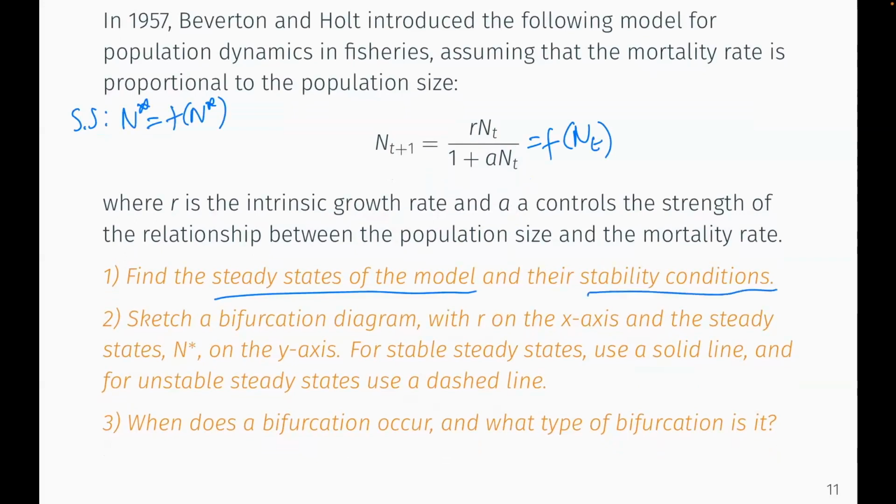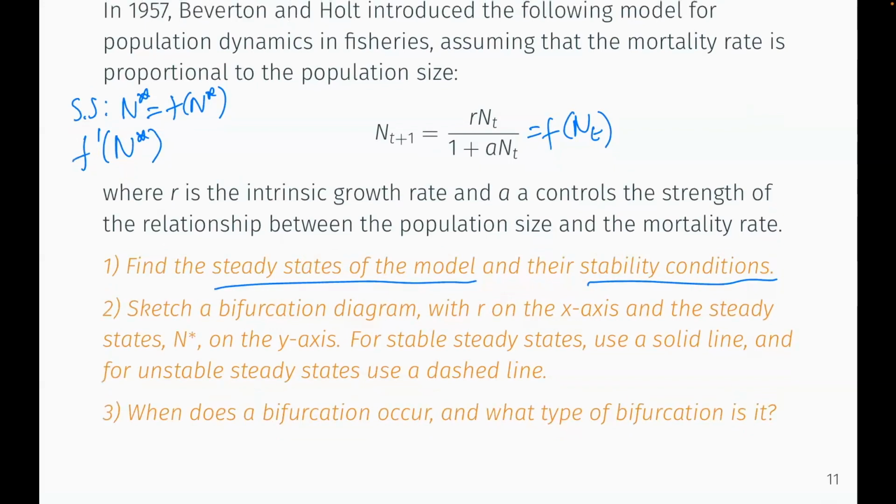And then for stability, remember we want to take f prime and evaluate it at N star, and then look at whether this has magnitude greater than 1 or less than 1, and whether it's positive or negative. And that will tell you whether it's monotonic or oscillatory, stable or unstable. So that's the first part as practice. And then the next thing we're going to do is sketch a bifurcation diagram. So I'll let you guys work through the first part for the next 5 or 10 minutes or so, and then we'll come back and sketch the bifurcation diagram. Okay?